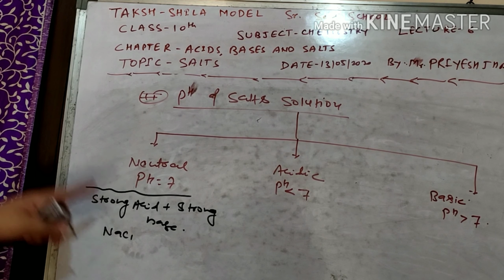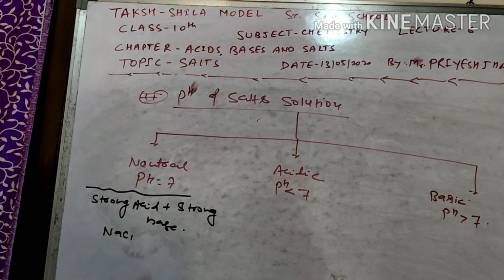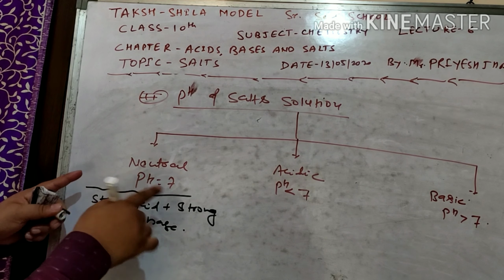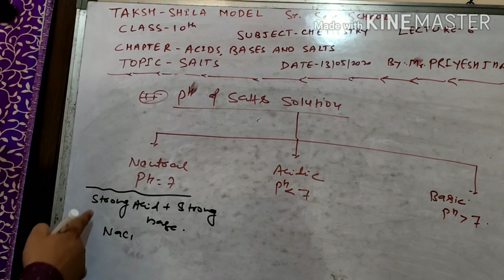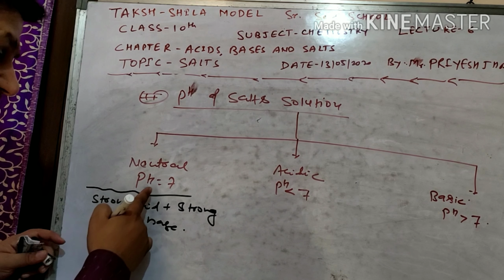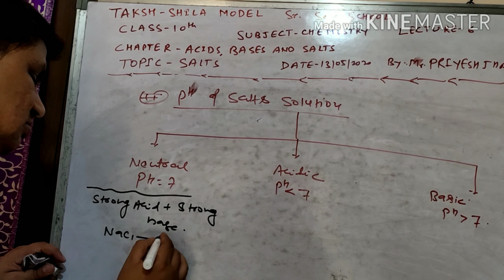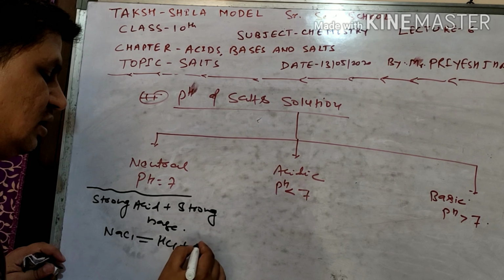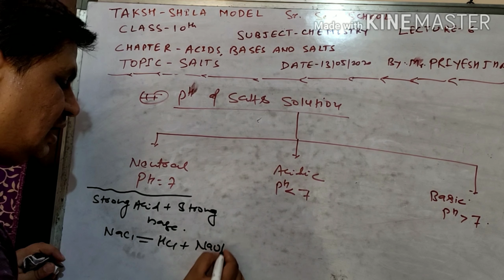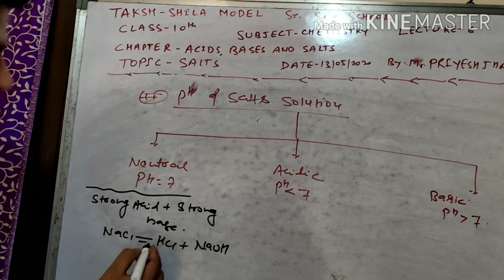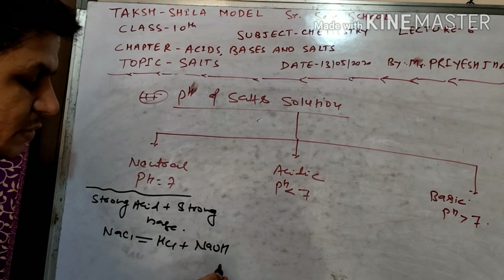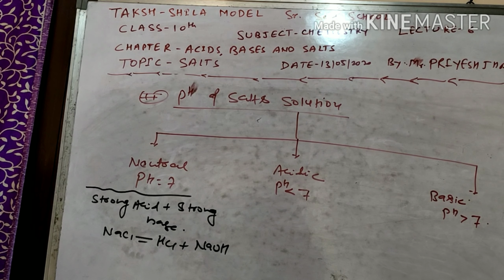NaCl is a neutral salt because its pH is generally 7, and this pH is generally 7 because it is a combination of a strong acid like HCl and NaOH. जनरली होता क्या है कि HCl and NaOH दोनों स्ट्रॉन्ग एसिड एंड स्ट्रॉन्ग बेस हैं.